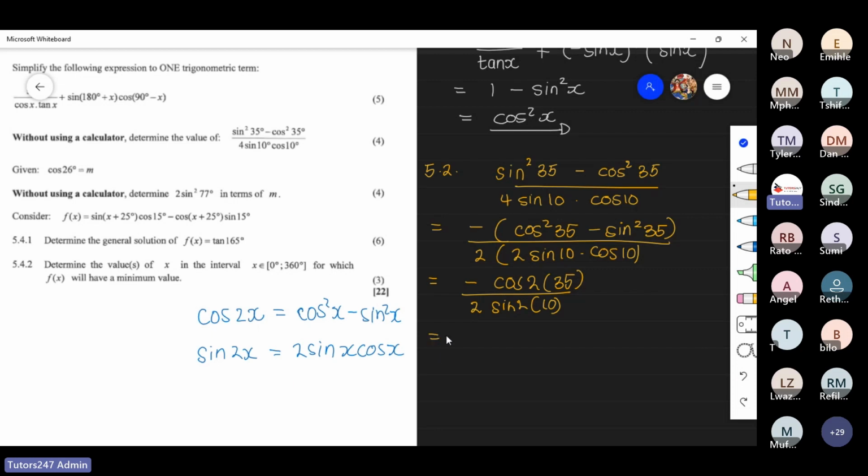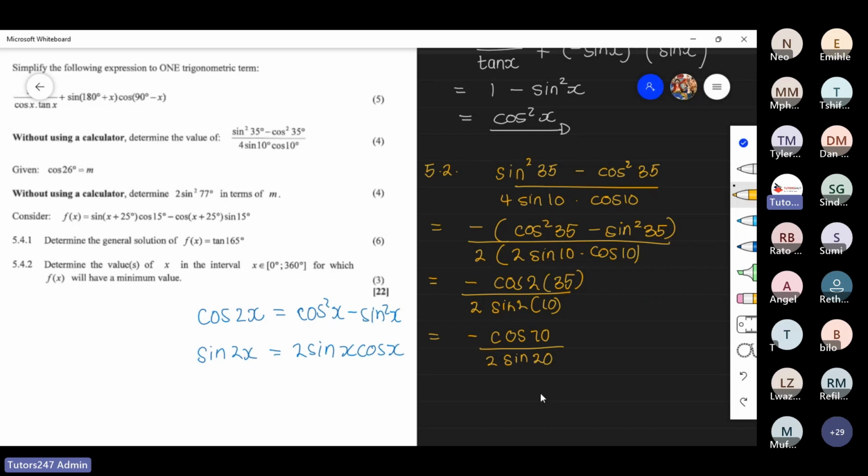Now, from there, we need to ask ourselves, how do we simplify this? We've got 2 times 35 and 2 times 10. Can we not multiply them? So that is then going to become negative cos of 70 over 2 sine of 20.